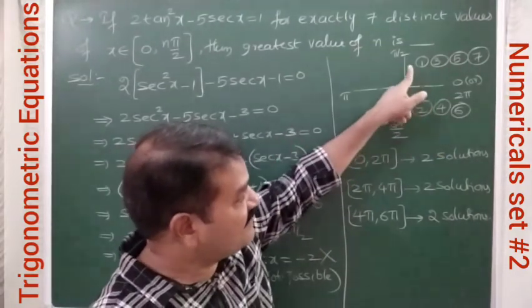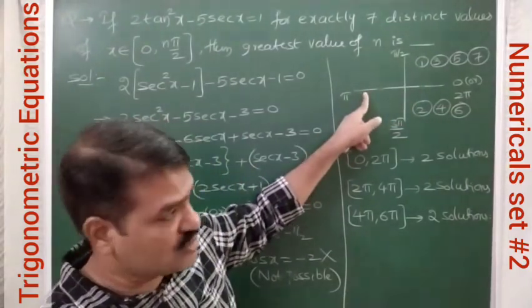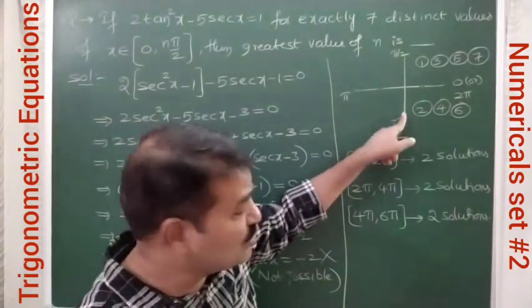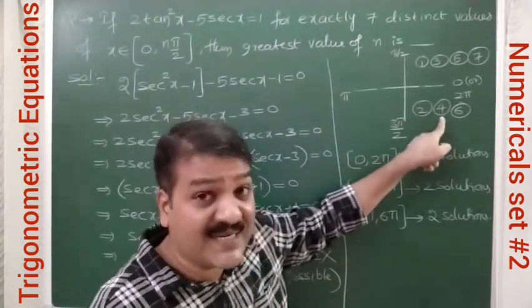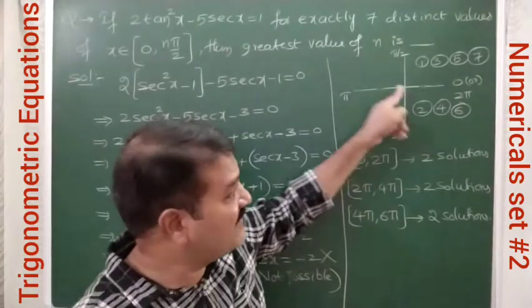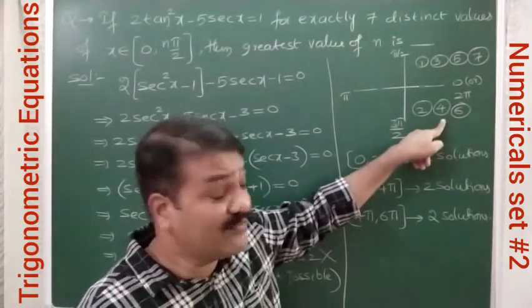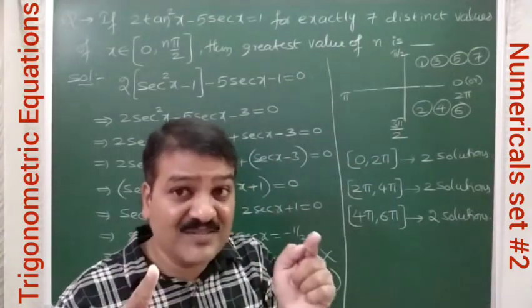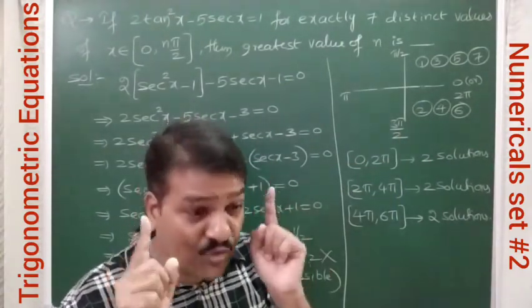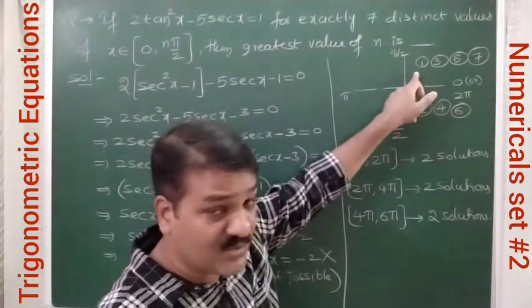So after the first quadrant, we can go to the second quadrant also. We can go to the third quadrant also. But we should not enter the fourth quadrant, because when we enter the fourth quadrant, we get the 8th solution. In the fourth quadrant also one solution will be there, no? So only 7 solutions means in the fourth cycle, we can come into the first quadrant.